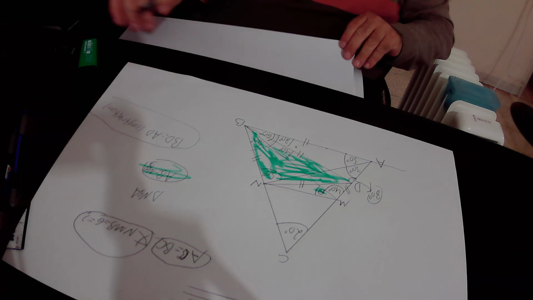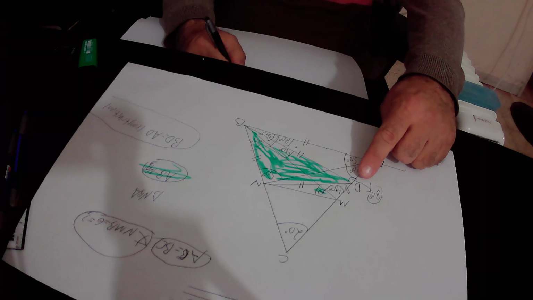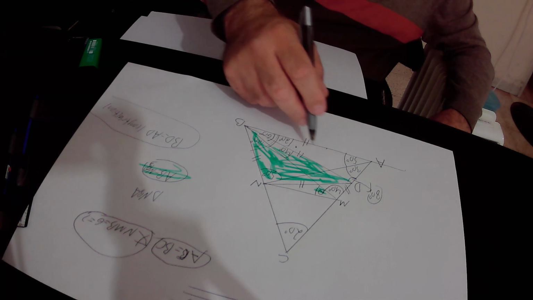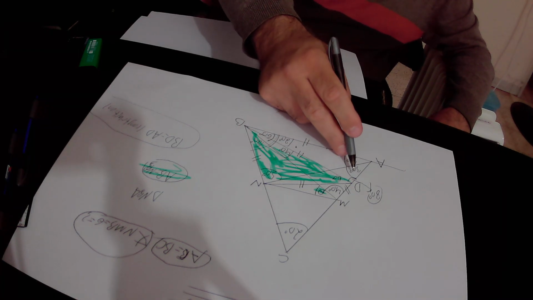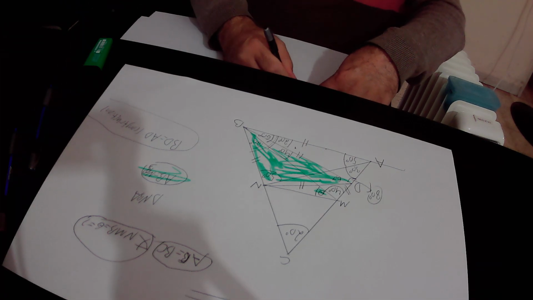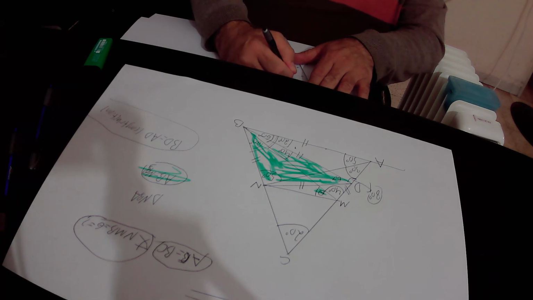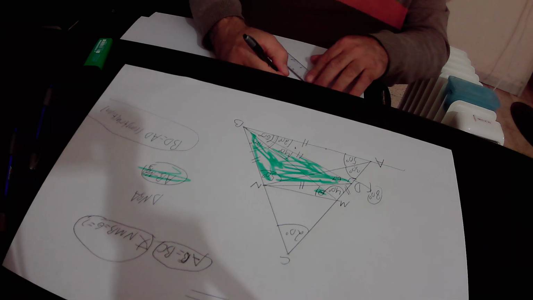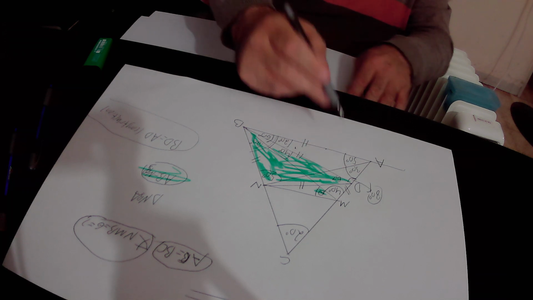In the next step, we focus on this side at point D. First of all, the green triangle is an equilateral triangle, that is to say this angle equals 60 degrees, and this angle equals 80 degrees.